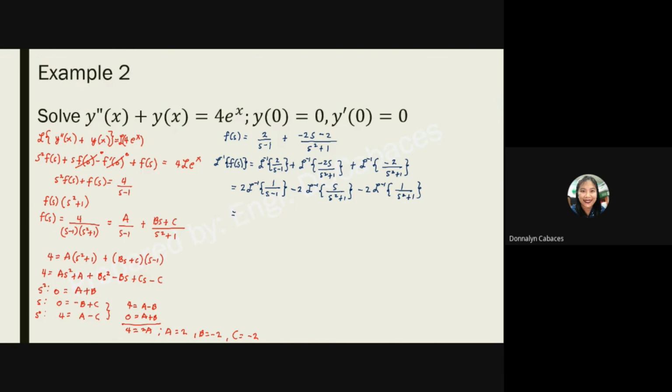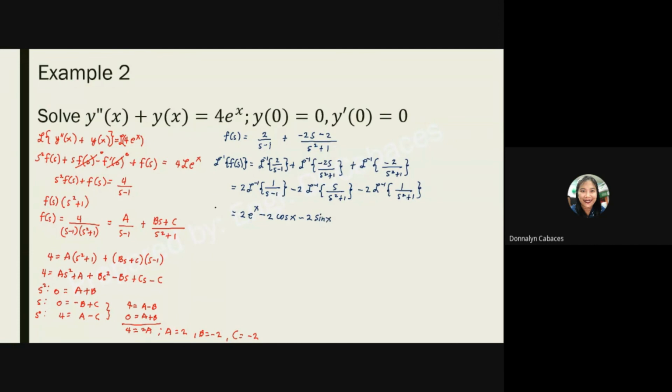For 1 over s minus 1, since a function of x, it is e to the x. So this is 2 e to the x. And then here, s over s squared plus 1 is cosine of x. So you have minus 2 cosine of x, minus 2, and 1 over s squared plus 1 is sine x. Minus 2 sine x.